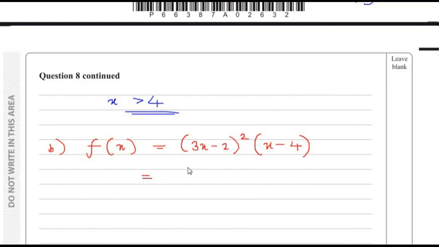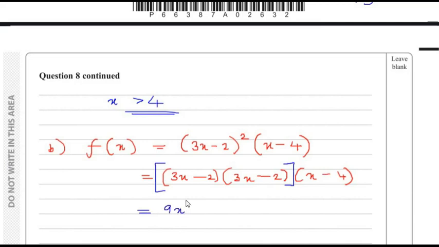So I'm just going to expand the first 2 brackets because it is a square. So it becomes 3x minus 2 and 3x minus 2, and I'll keep the third bracket the same way. Now let me multiply the first 2 brackets and expand them. So 3x times 3x becomes 9x square, and 3x times minus 2 gives us minus 6x, and minus 2 times 3x gives us again minus 6x, and minus 2 times minus 2 gives us plus 4.